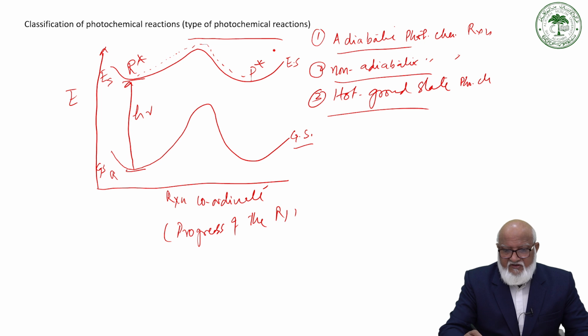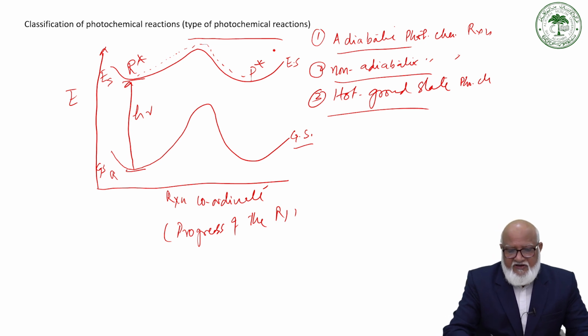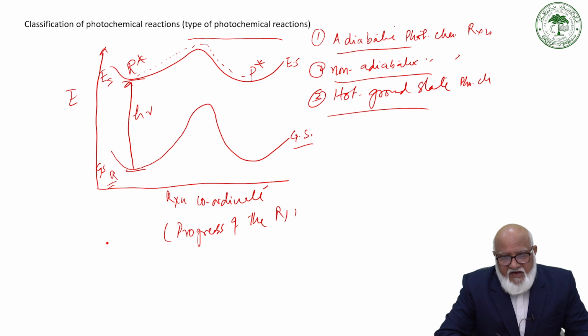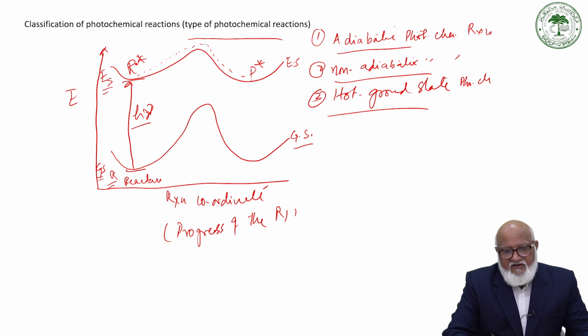So this way of representation of a photochemical reaction is an example of an adiabatic photochemical reaction, where R is the reactant in the ground state. On absorption of light, h nu, it goes to the excited state reactant, R star.